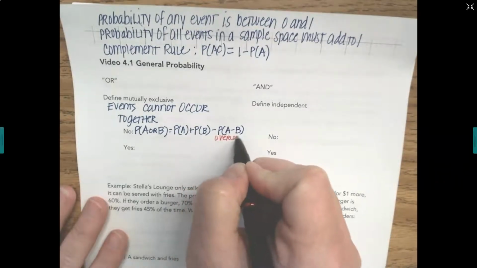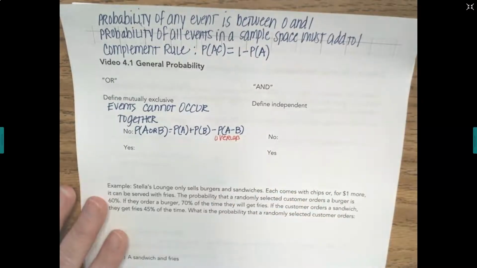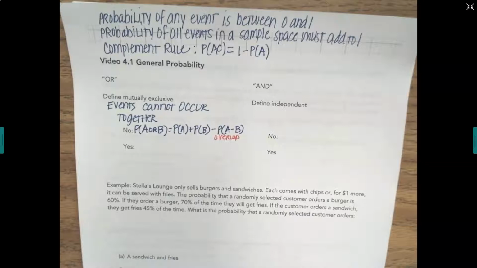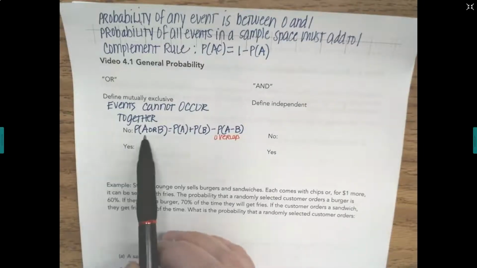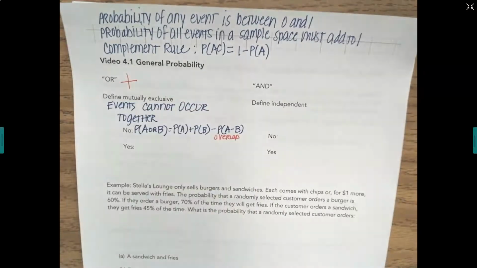Because really what's happened is this group has been counted twice in the probability of A and in the probability of B, because they occur in both places, and so you want to subtract the duplicated off. Hopefully you're remembering, if we're saying it's A or B, the word or means plus, we're adding.